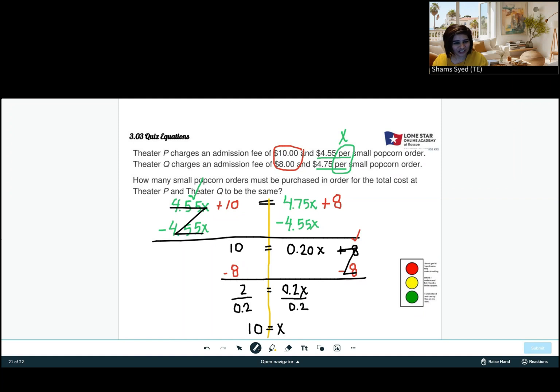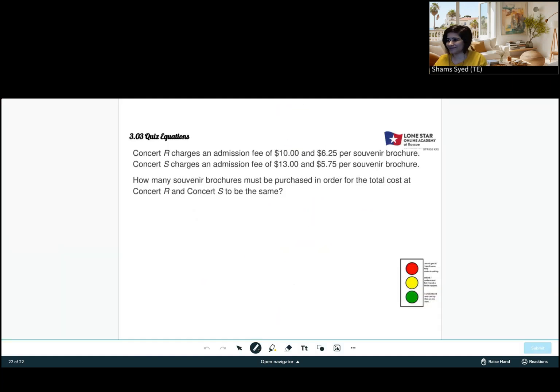Final question of question 5 is going to be right here. Okay. Concert R charges an admission fee of $10. Admission fee is a constant amount. It is a one-time amount. You got to pay one time. Concert S charges admission fee of 13.